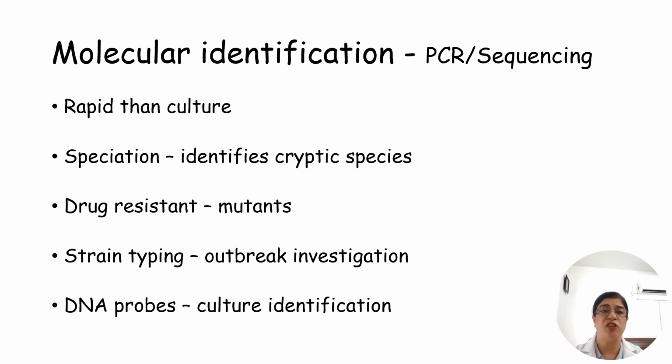Molecular identification is growing with time, and because of its sensitivity and rapidity, sequencing has helped us in identifying the cryptic species and drug-resistant mutants, and it is also relevant in a situation of outbreak for identification of the strain. DNA probes are still used for culture identification in some labs.